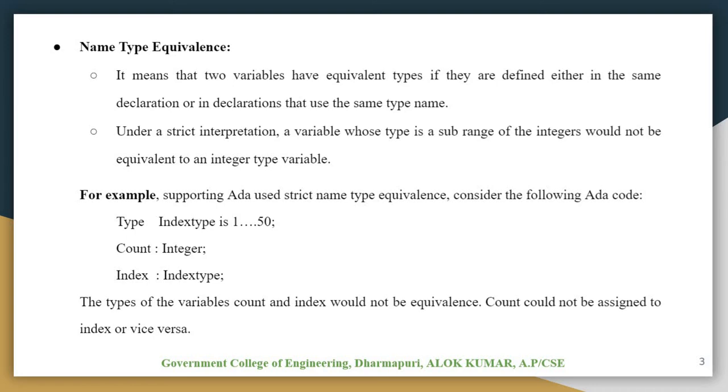So count is integer type and index is index type. So the types of the variables count and index would not be equivalent. Count could not be assigned to index or vice versa. In this manner we can see type equivalence.